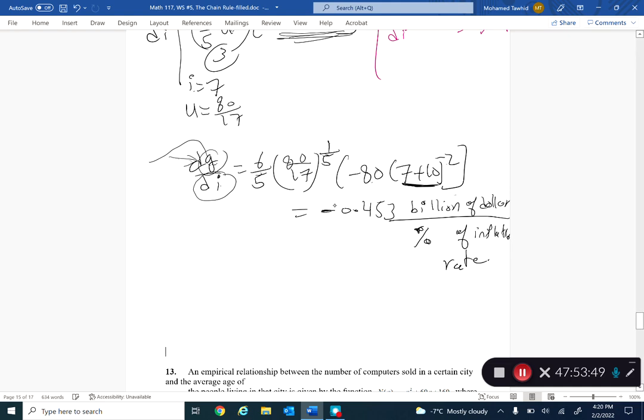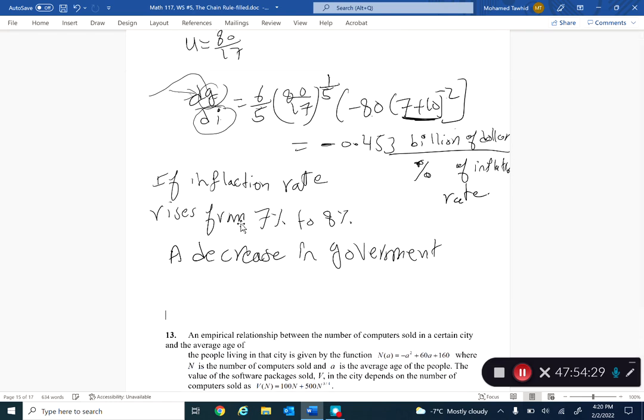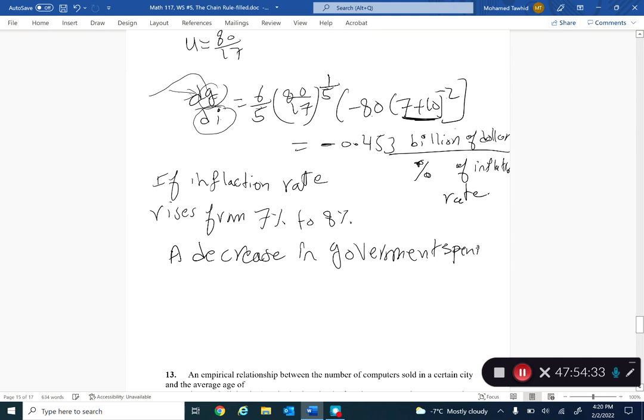What this number means: if the inflation rate increases by 1 unit, from 7% to 8%, then there is a decrease in government spending, approximately.